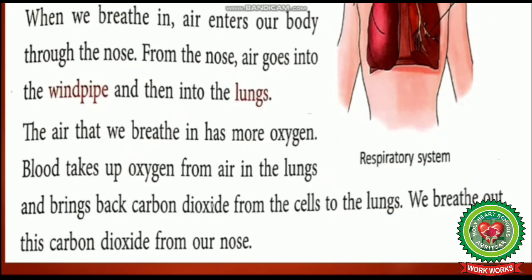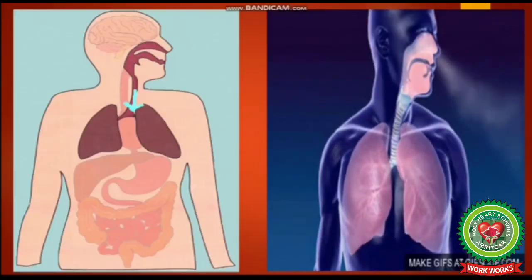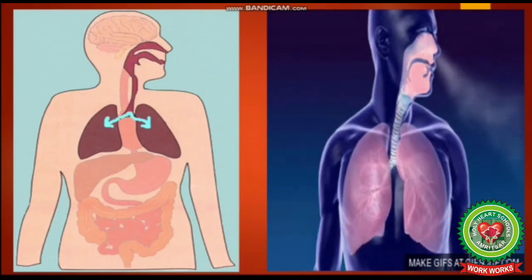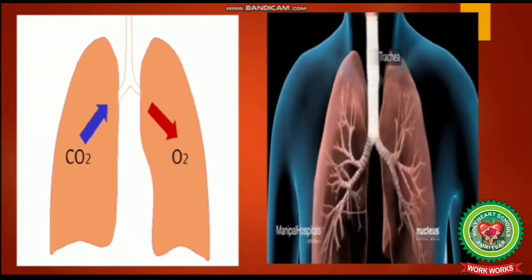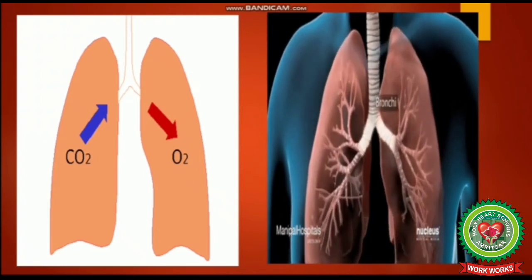Now come along. When we breathe in, air enters our body through the nose, and from the nose, air goes into the windpipe and then into the lungs. Students, we breathe in through the nostrils of our nose or sometimes the mouth.